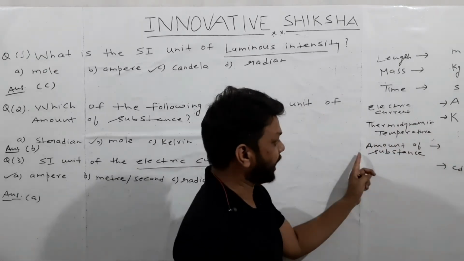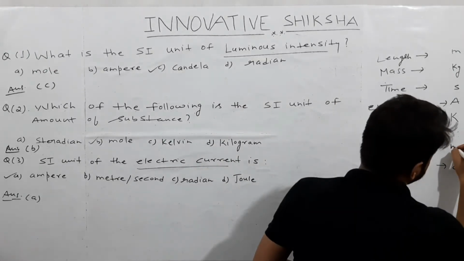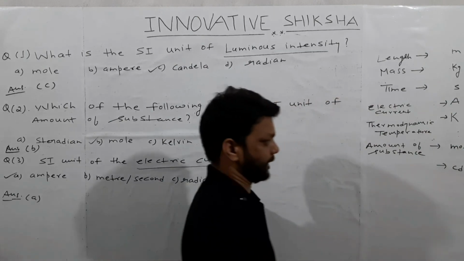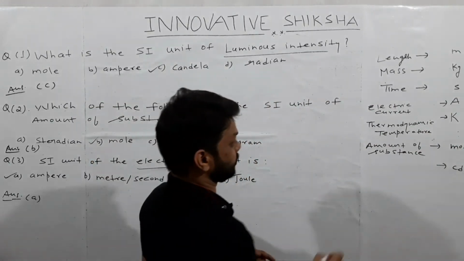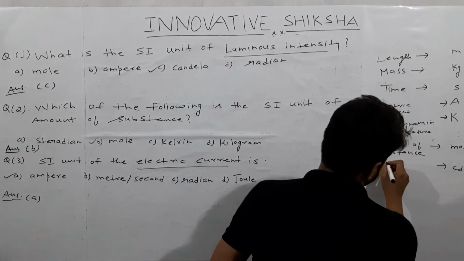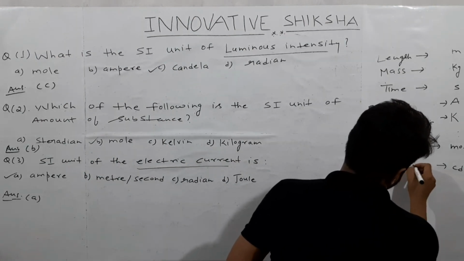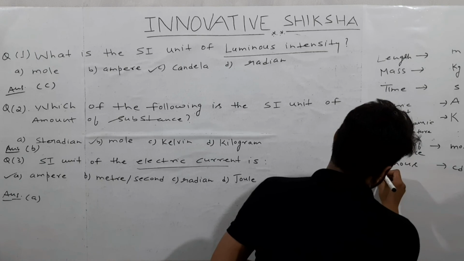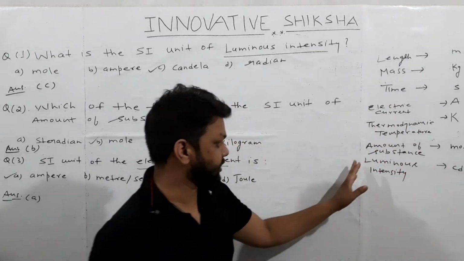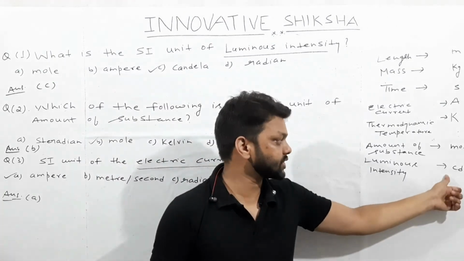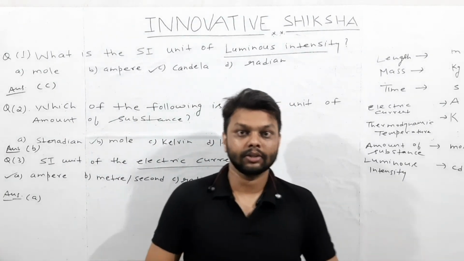The SI unit for amount of substance is mole, represented by mol. And the last base quantity is luminous intensity. The SI unit for luminous intensity is candela, which is represented by cd. Thank you very much.